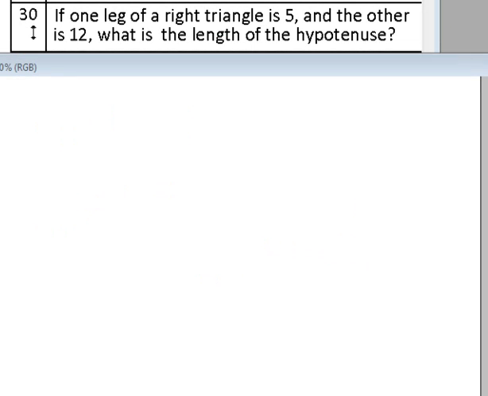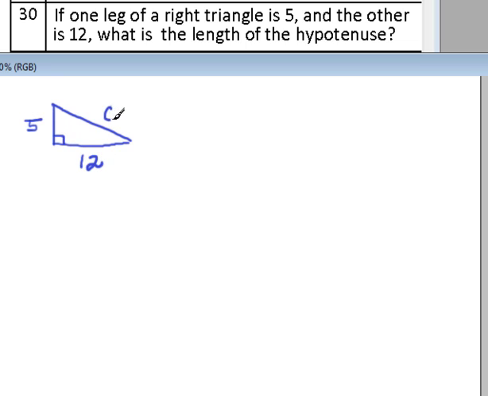Okay, number 30 reads, if one leg of a right triangle is 5 and the other is 12, what's the length of the hypotenuse? Let's just draw a little picture here. So here's our right triangle. One leg is 5, the other is 12, and we want to know what the hypotenuse is.